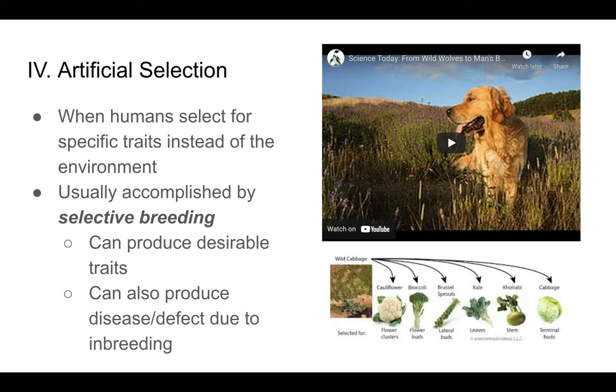Now, that's great if we have enhanced our desirable traits, but selective breeding, if not really monitored and maintained, can also lead to organisms that have disease or defects due to an inbreeding process. So artificial selection and the process of selective breeding really should be monitored, because we don't want to inbreed our gene pool to the point of genetic issues.